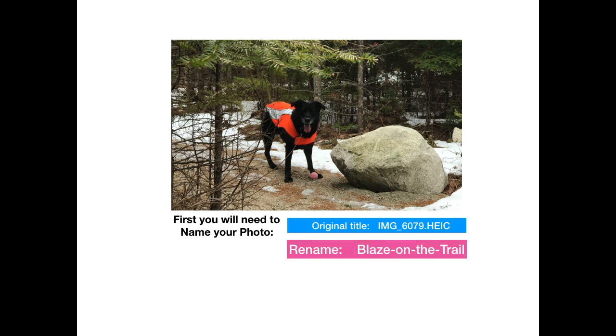So then I would rename the photo, and I would call it Blaze on the Trail. Now the search engines are finding something concrete. They're finding the word trail, they're finding the word Blaze. Assuming that my post and my site is about my dog, this is important. And you can do the same for your photos.